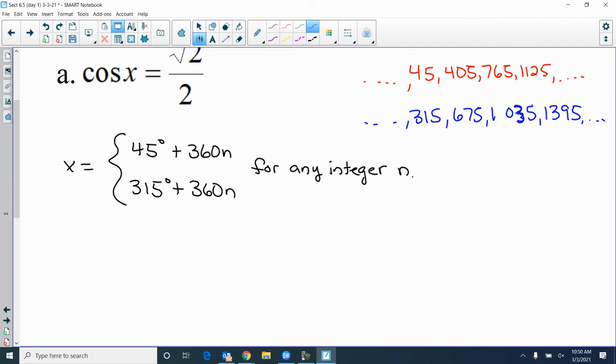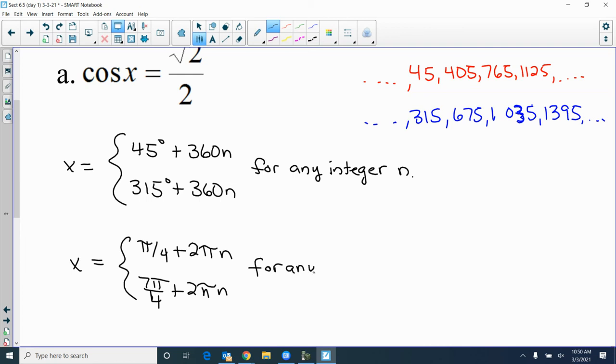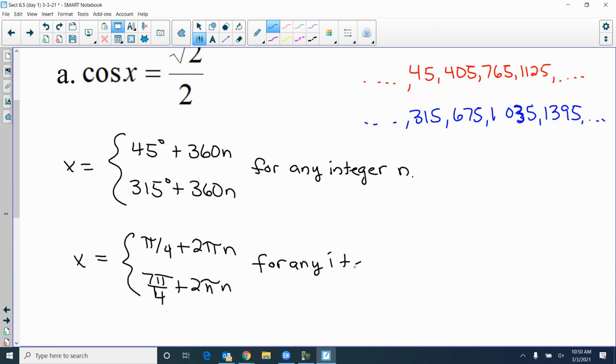All right, we said to put it in degrees and what else? Right. So for radians, here's all I've got to do. I just have to convert everything to radians. So x equals pi over 4 plus 2 pi n, and then 7 pi over 4 plus 2 pi n for any integer n.